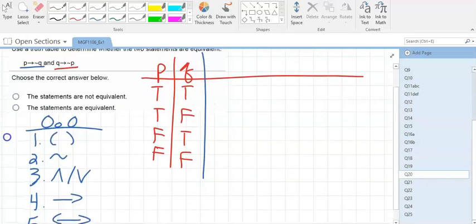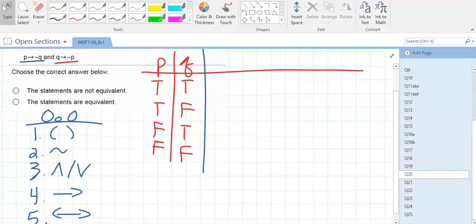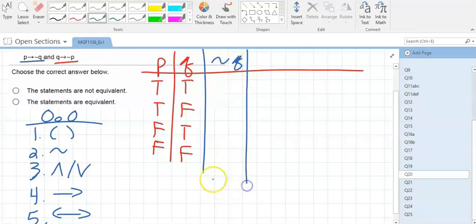So when we look up here, obviously there are no parentheses for my blue one. Do I have any negations? So I need to take care of negate Q. So that gives me false, true, false, true.